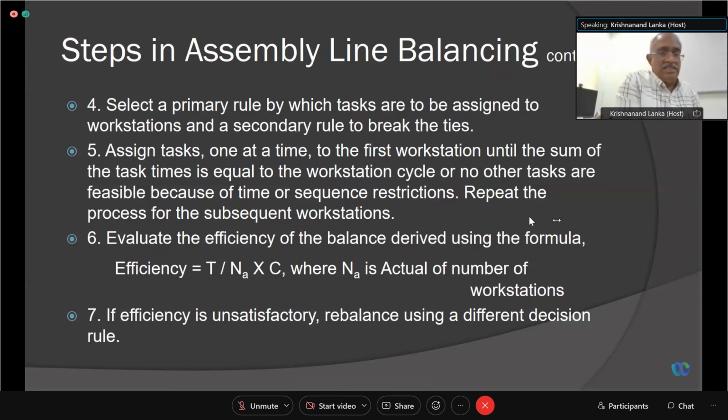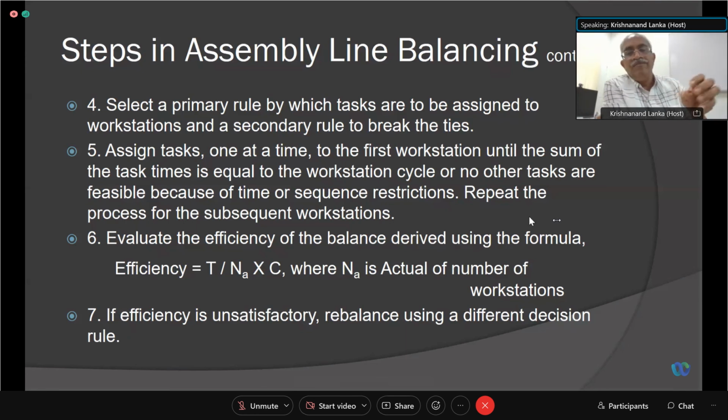What this really means is you use some heuristics or thumb rules on how to prioritize in allocating tasks to a particular workstation. You may combine 2-3 tasks in a single workstation.